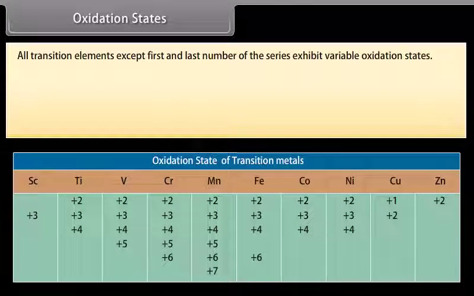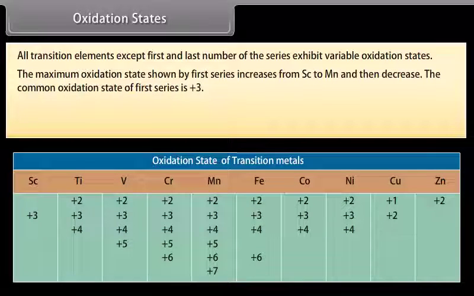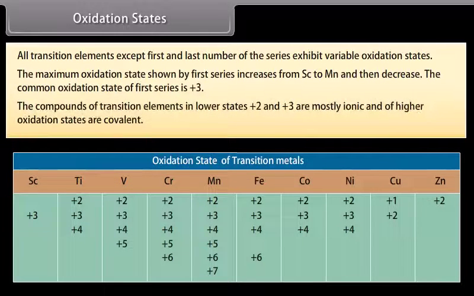Oxidation states. All transition elements except the first and last member of the series exhibit variable oxidation states. The maximum oxidation state shown by the first series increases from scandium to manganese and then decreases. The common oxidation state of the first series is +3. The compounds of transition elements in lower states +2 and +3 are mostly ionic and of higher oxidation states are covalent.